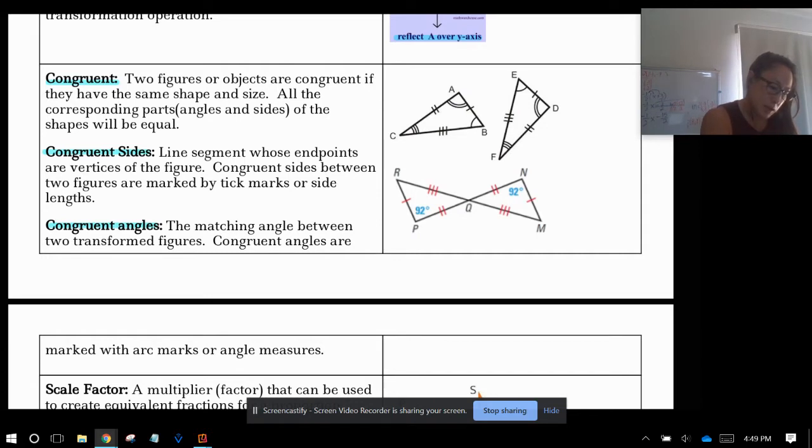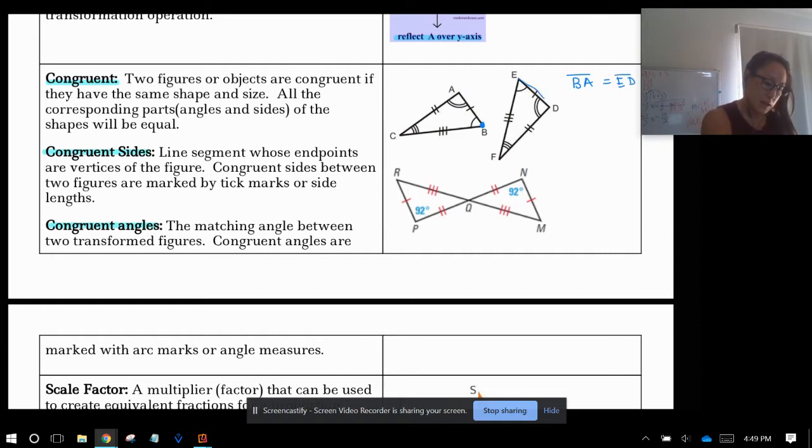So the tick mark on one tick mark, AB, is congruent to DE. Sorry, we're going to start with B actually. BA, the length BA, is congruent to, is equal to ED.